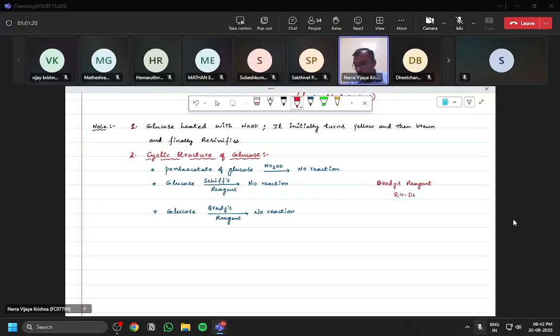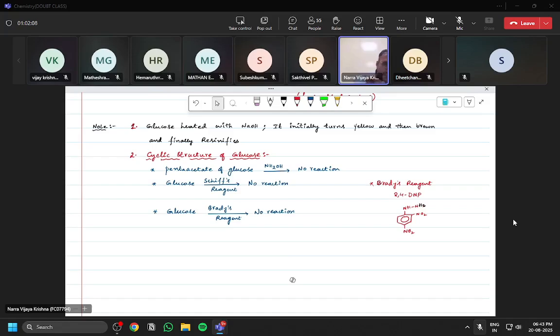In Brady's reagent, we have this NH2 group, and if glucose had an aldehyde group, H2O would be eliminated from these two, meaning a reaction should happen. But glucose fails to give this test, meaning the aldehyde group is not free.